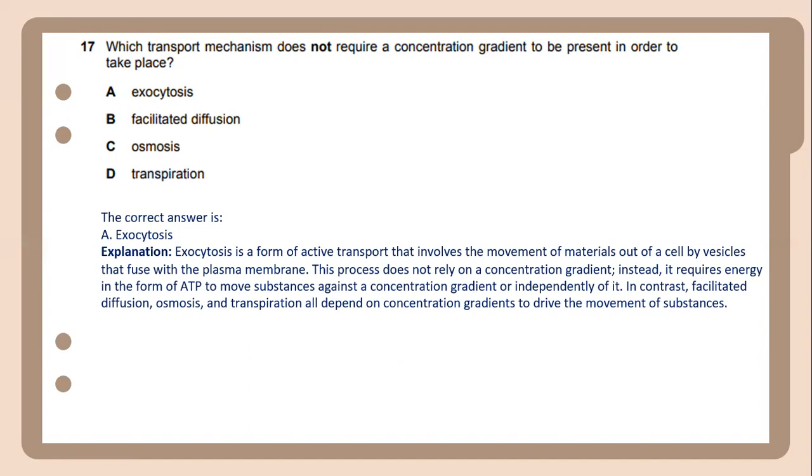This process does not rely on the concentration gradient. Instead, it requires energy in the form of ATP to move substances against a concentration gradient or independently of it. In contrast, facilitated diffusion, osmosis, and transpiration all depend on a concentration gradient to drive the movement of substances.